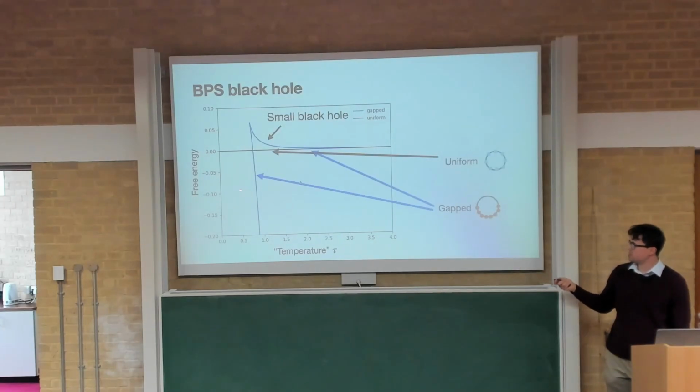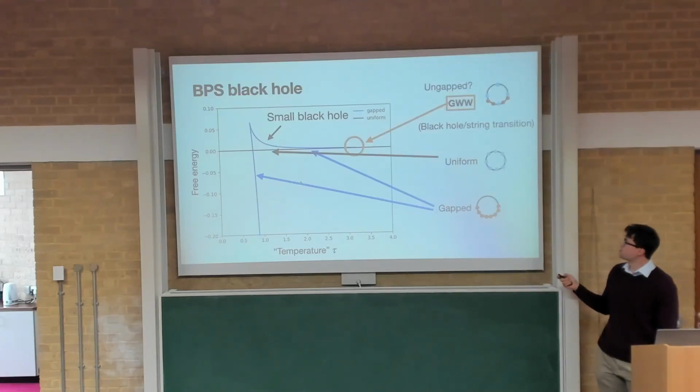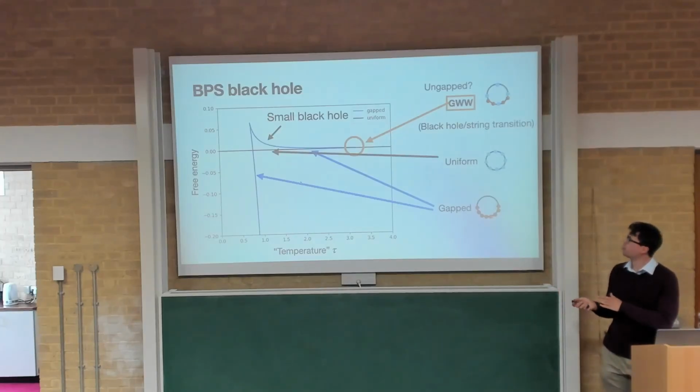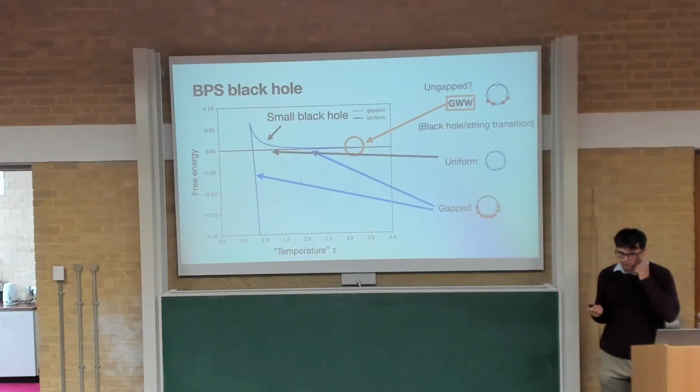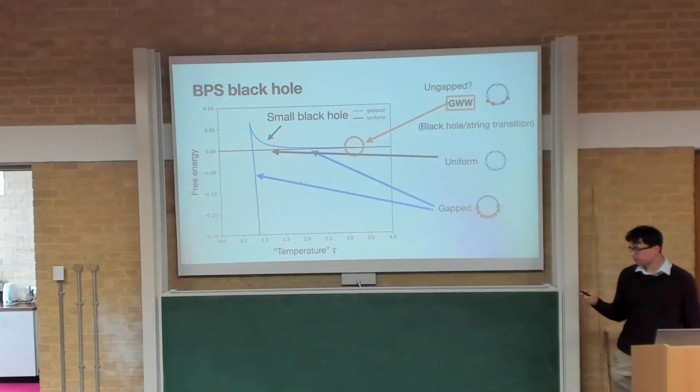This is all described by the gapped distribution, and the other phase is the confined uniform phase. So the only place where the ungapped distribution could be was around the black hole string transition, where the free energy or the entropy to order N squared would be zero.